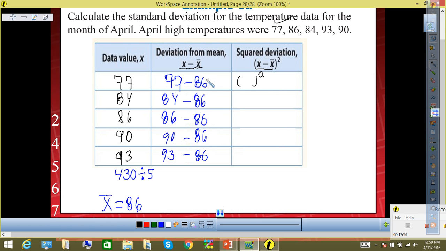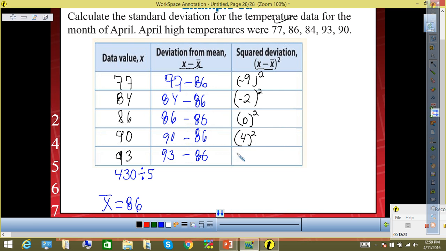So what is the difference between 77 and 86? -9. Difference between 84 and 86? -2. Between 86 and 86? 0. 90 and 86? 4.